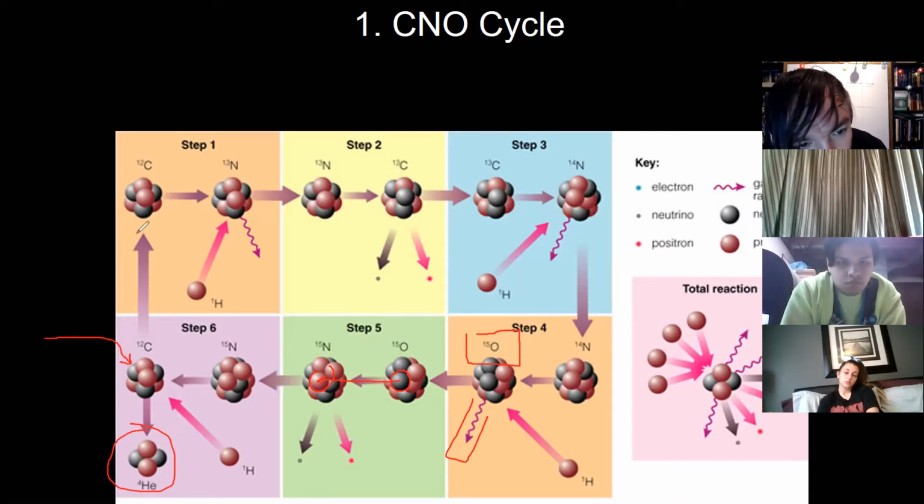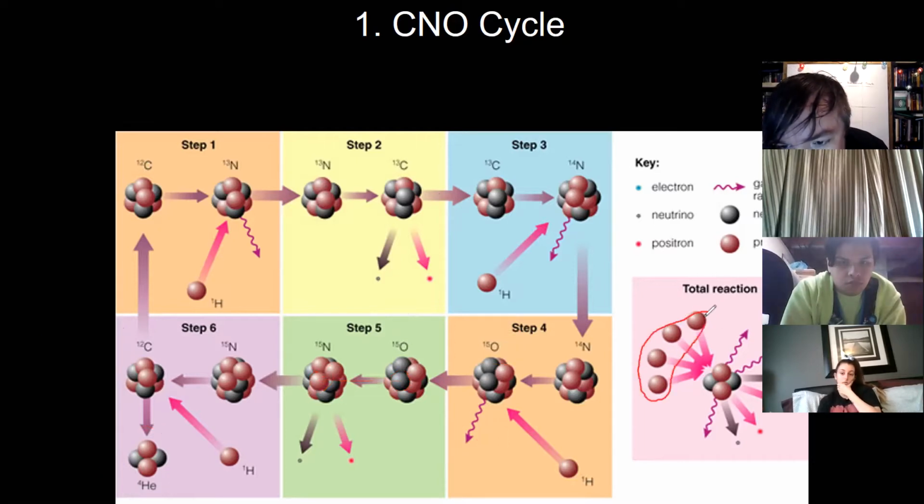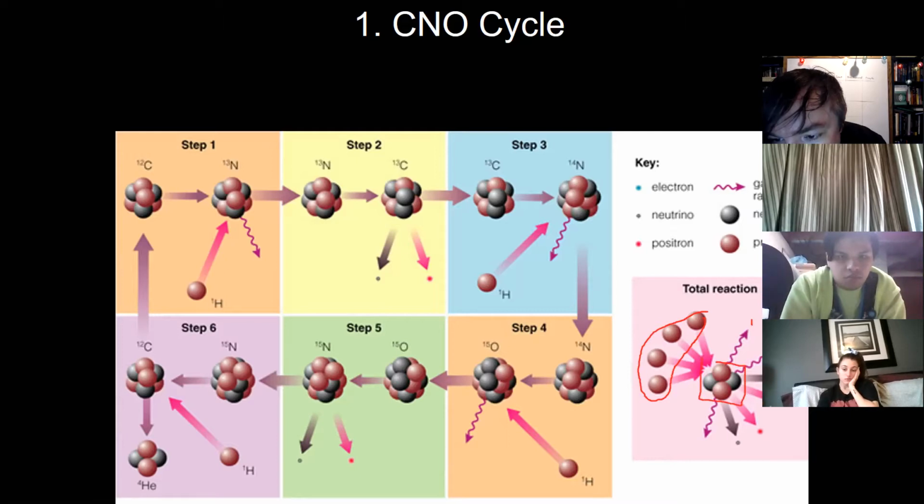So in a way, this was just like a little glue trap to capture 1, 2, 3, 4 protons and turn them into a helium nucleus. The net result is that 4 protons fuse to make one helium, but it emits, wait for it, 1, 2, 3 gamma rays.